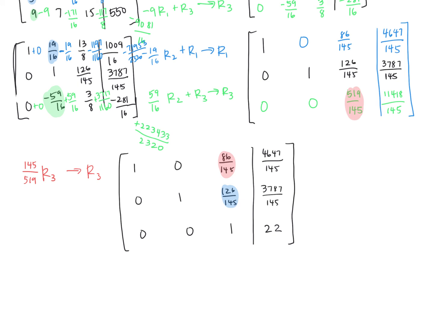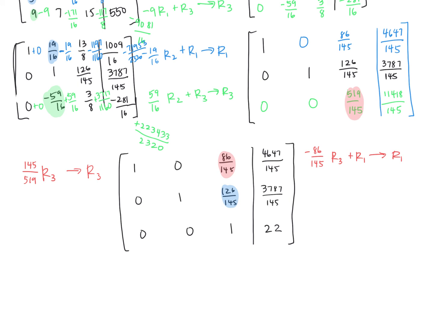So to 0 out the 86 over 145, we're going to multiply row 3, that's the row that has the 1, times the opposite of what we want to 0 out, so negative 86 over 145. Add that to the row we want to 0 out, and replace that row.